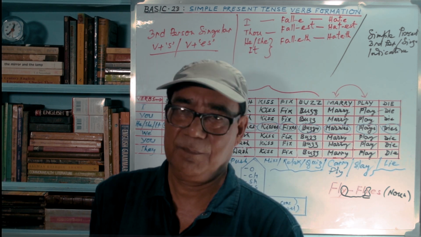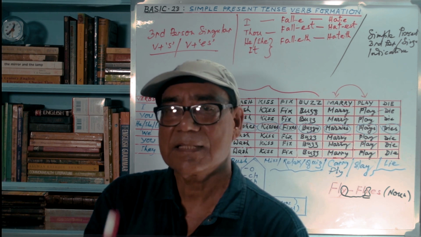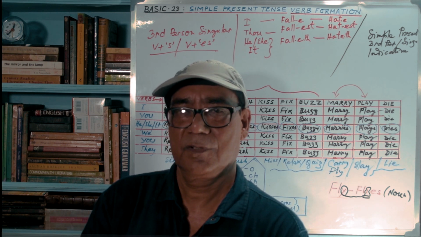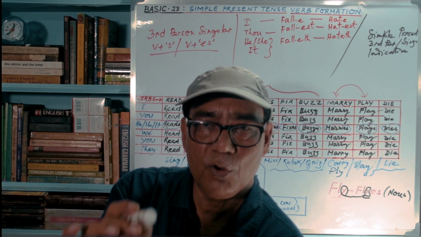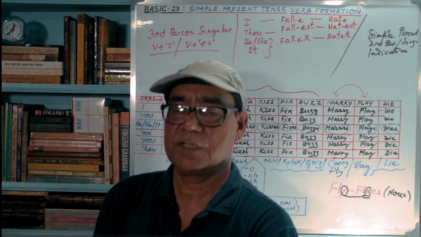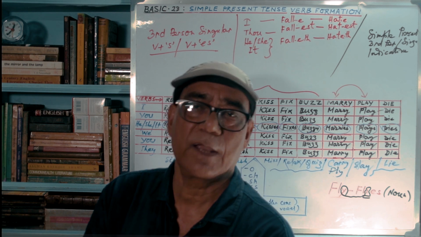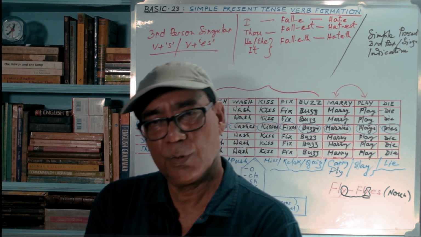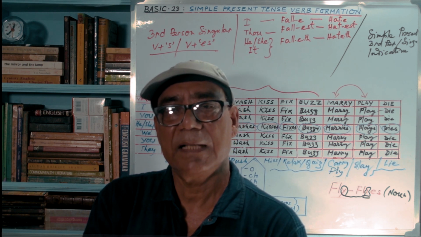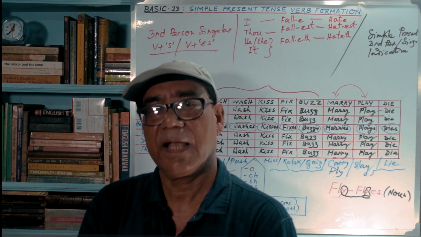Then I asked him, go to your mother and ask a simple question. What is that question? Question is, in your Hindi language, he tells his mother, in your Hindi language, मैं खाता हूँ, तुम खाते हो, and आप खाते हैं, वे खाते हैं.